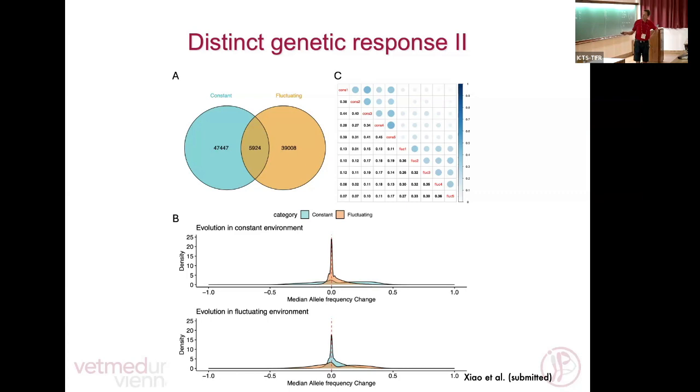Again, we see big changes, but if we look at the same SNPs in the other temperature regime, those ones are not changing. So this is all consistent with a highly specific selection response according to the temperature regime, despite them seeming to be adapting to the common stressors to the same extent.